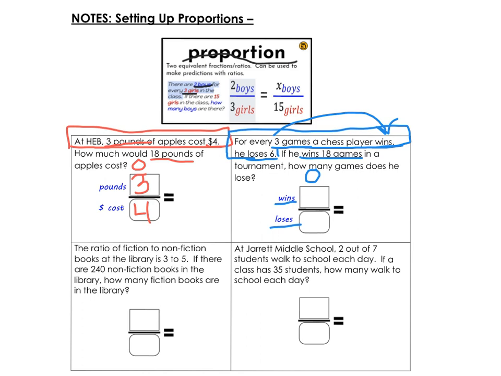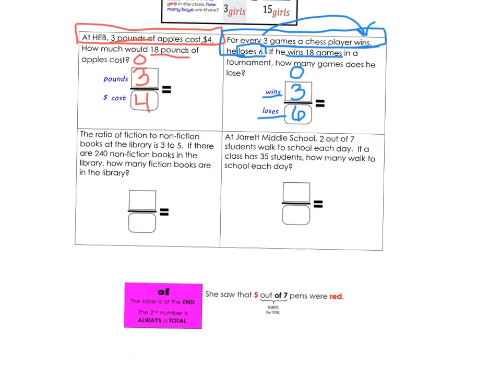So next to the wins, we want to make sure we put our 3. He loses 6. So we're going to put 6 next to loses. And all we did was set up the first part of our proportion, which is our original ratio.